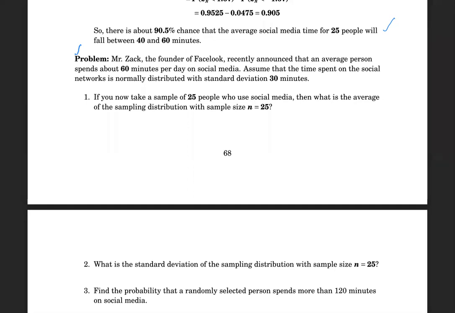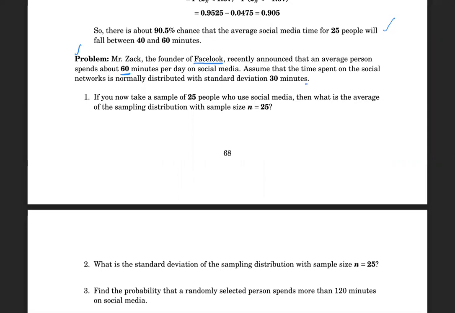Now, Mr. Zach, the founder of Facebook, recently announced that an average person spends about 60 minutes per day on social media. Assume that the time spent on the social networks is normally distributed with standard deviation 30 minutes.